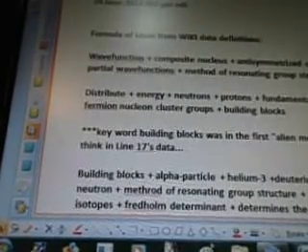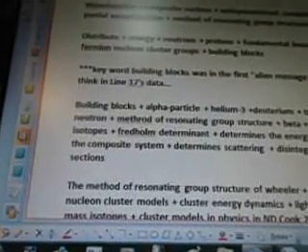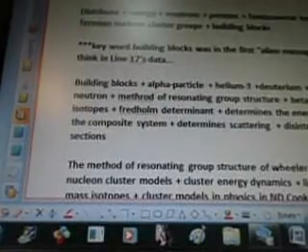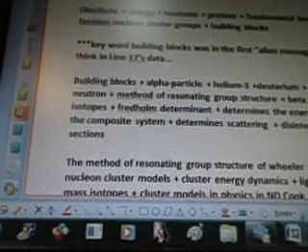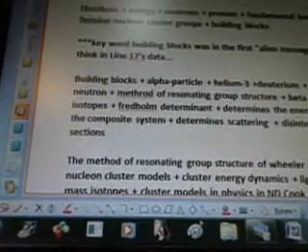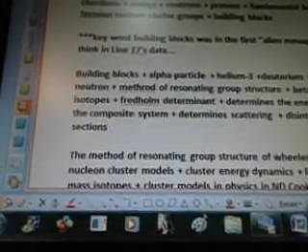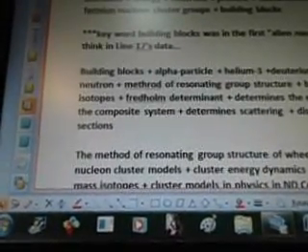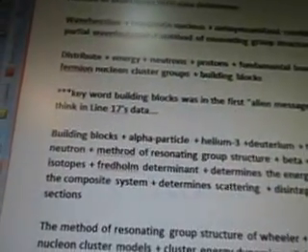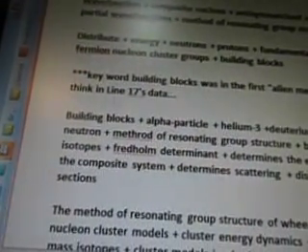So June 24th, 2012, formula of ideas from Wikidata definitions. So I take the definitions, I look for keywords that stand out to me that have either already been in the WOW videos from lines 1 to 22, or things that stand out to me. So it says wave function plus composite nucleus plus antisymmetrized combination of partial wave functions plus method of resonating group structure.